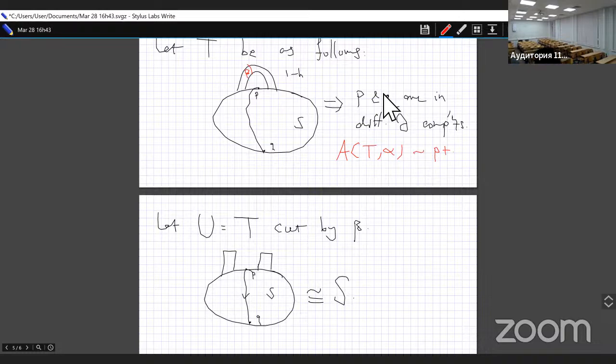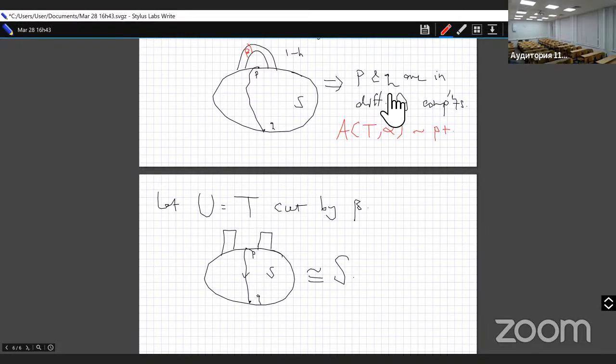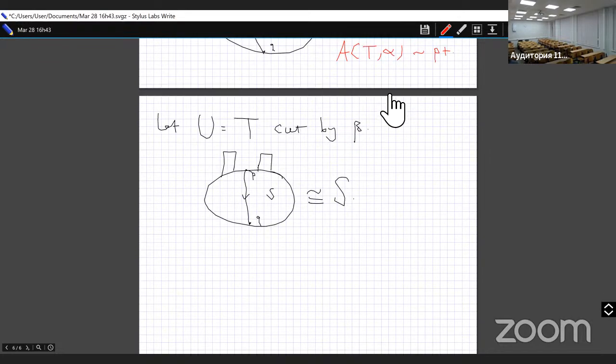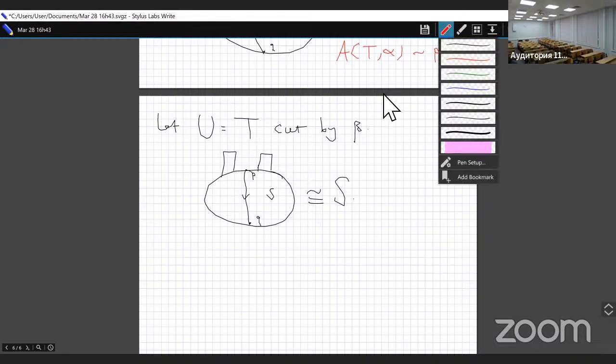This is one thing, because they are different components. Okay, yes, this is what I want to show.